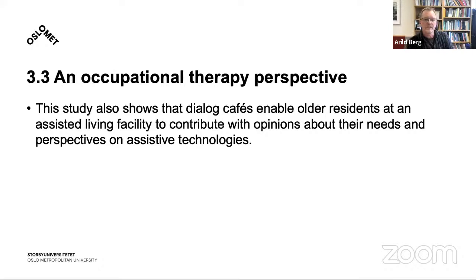Other examples of using this salutogenic approach are related to health promotion, both in healthcare settings and in the communities. In occupational therapy, humans are seen as active beings taking part in and creating meaningful activities resulting in improved health, quality of life, and well-being. This can be seen as another way of understanding sense of coherence raised by Antonovsky. The example is about involving older adults in technology research and development discussions through Dialogue Cafe.